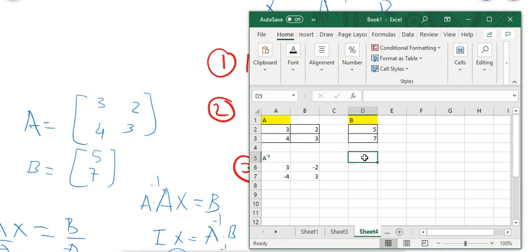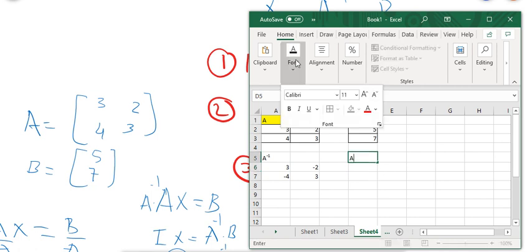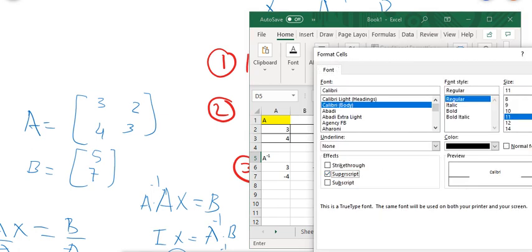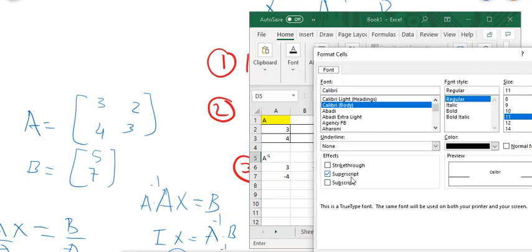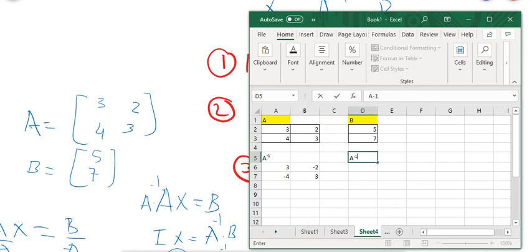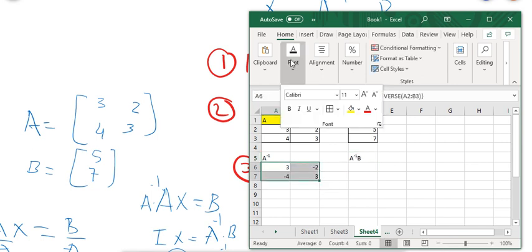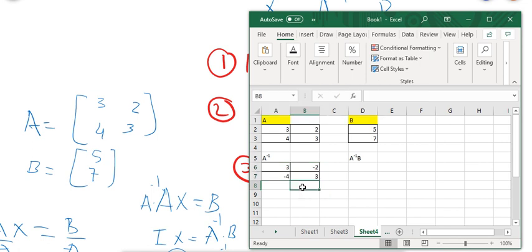Now we will multiply A inverse by B. Here A inverse is 2 by 2 and B is 2 by 1, so the result will be 2 by 1, because the inner 2 goes with 2, so the dimension is the outer, which is 2 by 1.